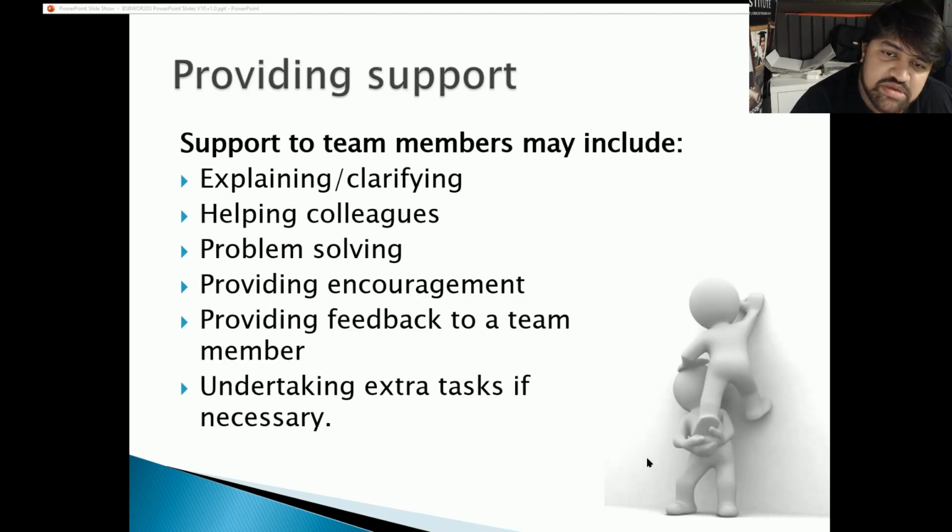Support to team members may include explaining or clarifying anything that might be confusing or might be a new task to them, helping colleagues in any way possible, being able to solve problems or at least aid in providing any possible solutions, providing encouragement, providing any feedback to one another, and undertaking extra tasks if necessary.